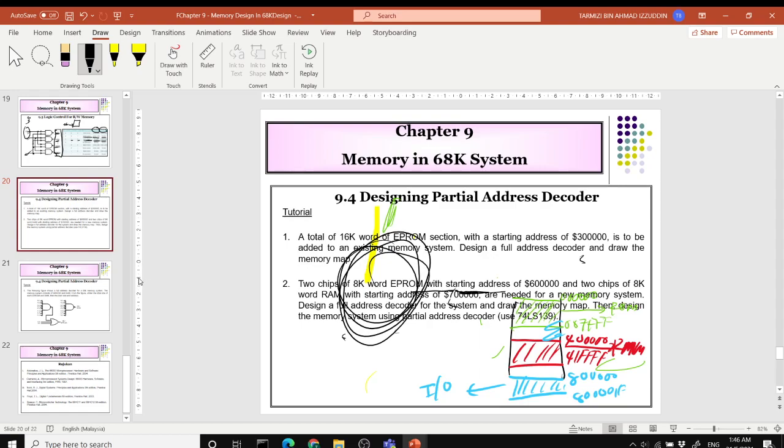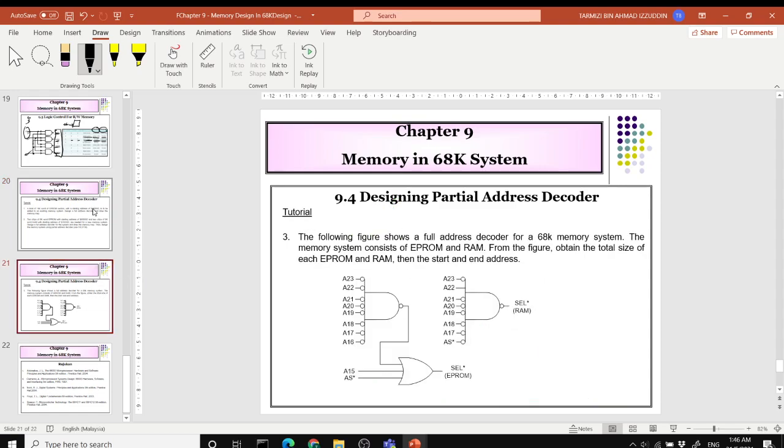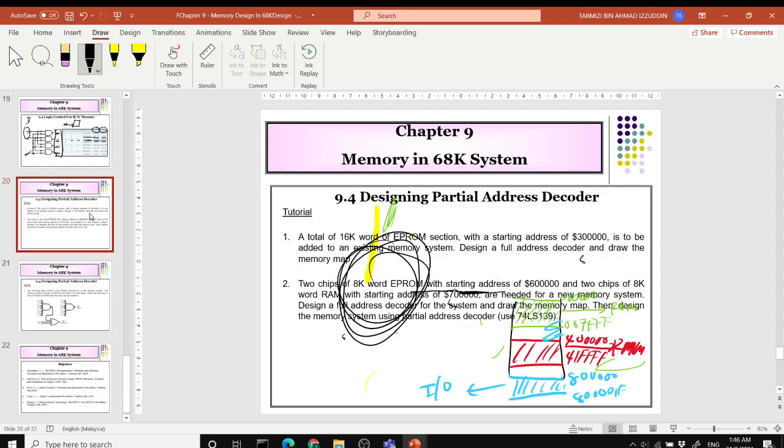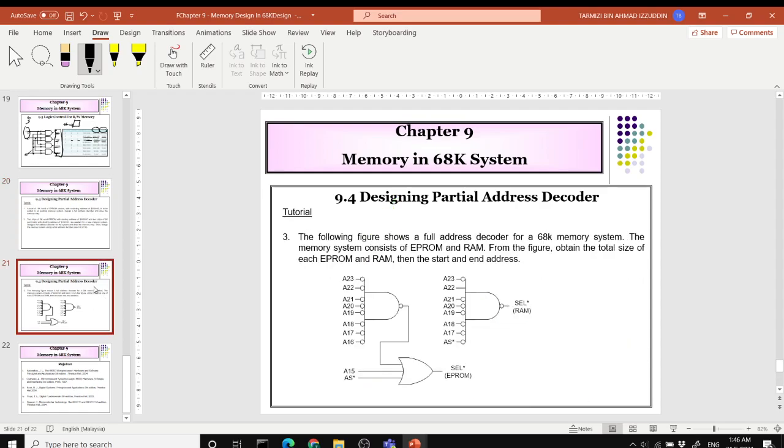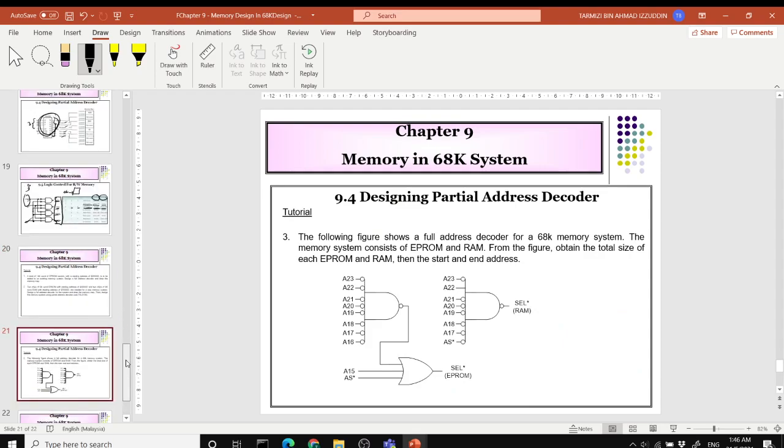There is a question on designing a memory system in your final exam. So make sure you do this tutorial. There are 3 questions. I think it's not very hard, and I hope you do it.